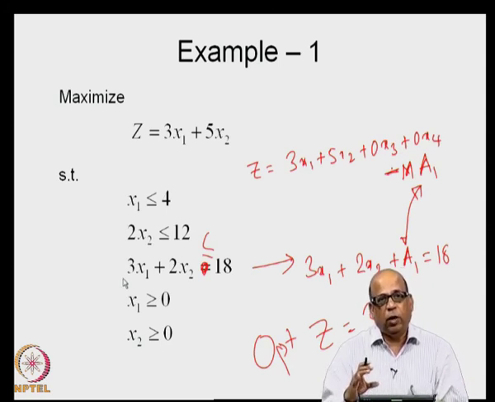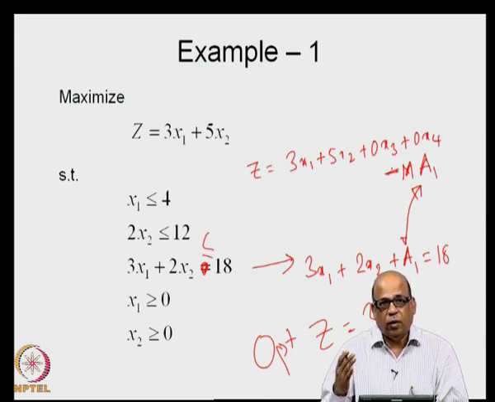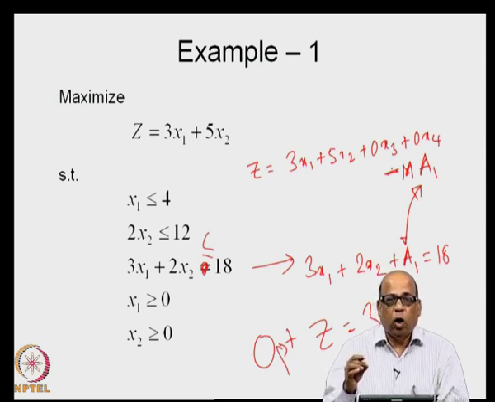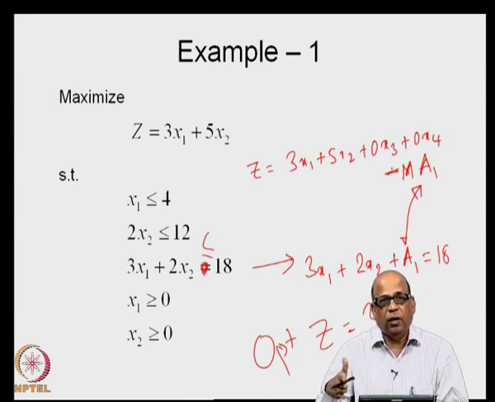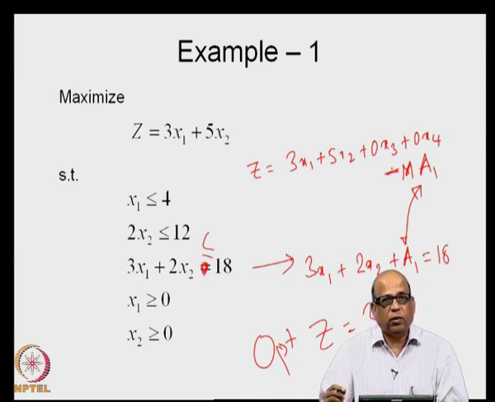So, you will be able to answer questions such as how sensitive is my optimal objective function value or the optimal solution to small changes that can happen on the right hand side of the constraints, on the coefficients of the constraints, or on the coefficients of the objective function, and so on.